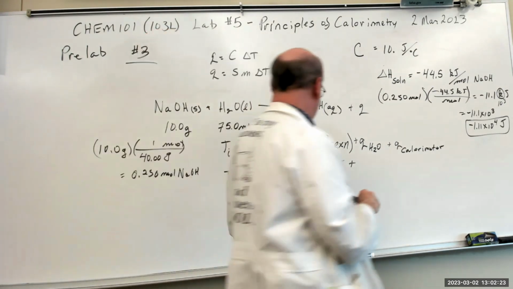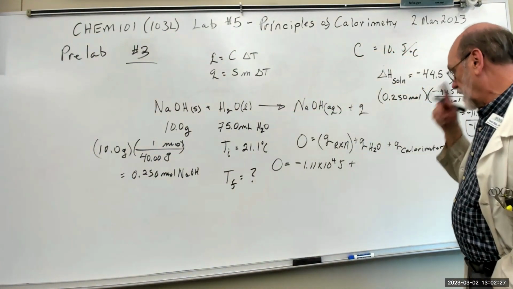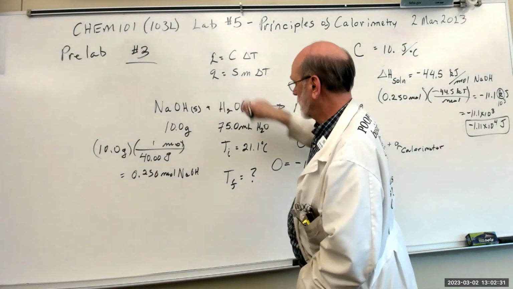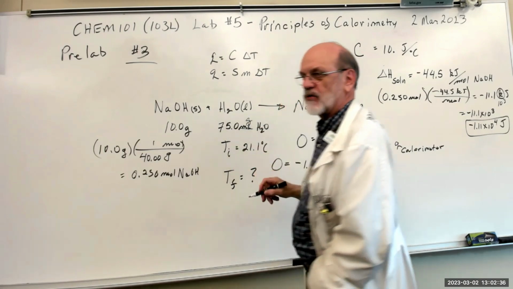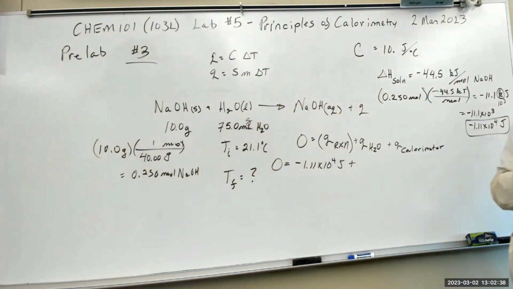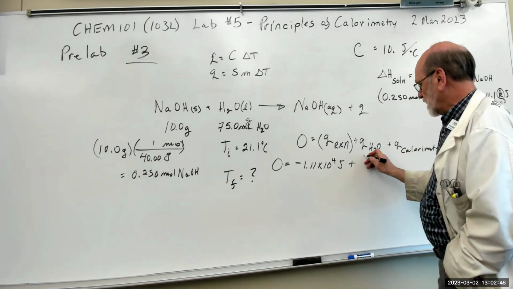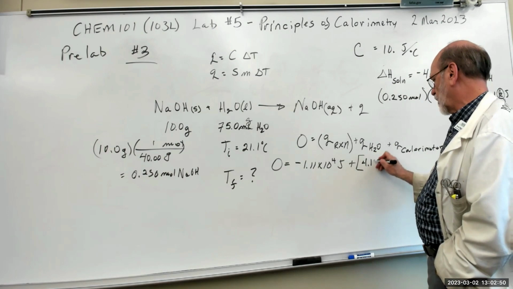Okay. Now what's the Q of water? Well, the Q of water, we're going to use this one right here. 75 milliliters of water is 75 grams. The density of water we're going to assume is one gram per milliliter. Okay. So in this term, what's the specific heat of water? I think it's 4.184.